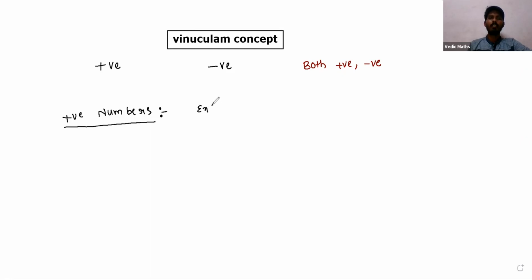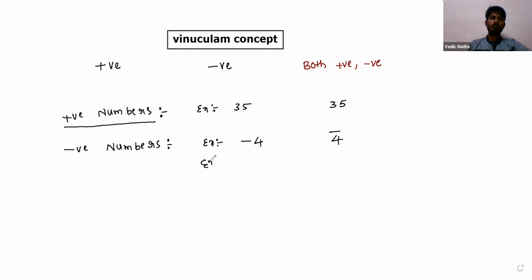For example, if you take 35, in Vedic maths also we write it as it is. But negative numbers we represent in another way. Let us take one example. -4 is there. In Vedic mathematics, we write that number as 4 bar. So we write a bar over the number.